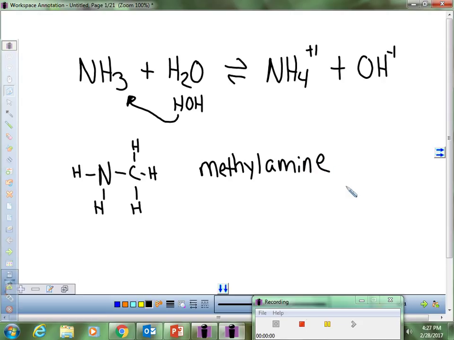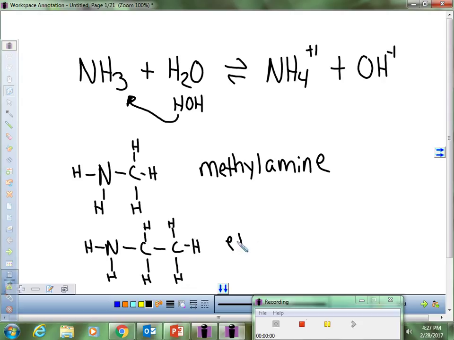It's also a base. And so we need to recognize when we have an amine group, so you're going to see a carbon and then you're going to see an NH2. If you saw something like this, and of course I'm drawing them out the organic way so you can kind of see it, again not exactly correct organic wise, but if you saw 2 carbons attached to it, the prefix for 2 carbons is eth.